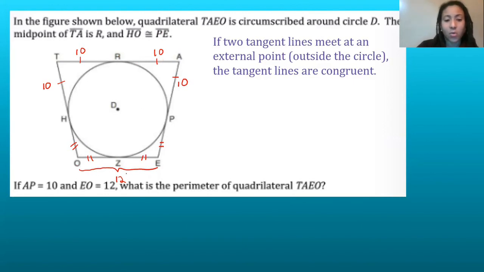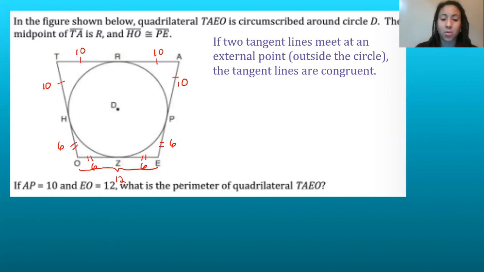If I look at OE, we have a sum of 12. And if OZ and EZ are equal, we could divide 12 into two equal parts. So this would be 6, and this would be 6. Therefore, HO would be 6, and PE would be 6, because they all have the same markings of the double tick.